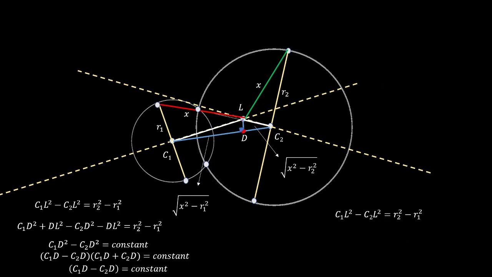D is the foot of the perpendicular of the point which we are looking for on C1C2, and if you can't move this D, which means that you should be on the perpendicular line from L to C1C2, like this. You see, this is the locus which we are looking for.